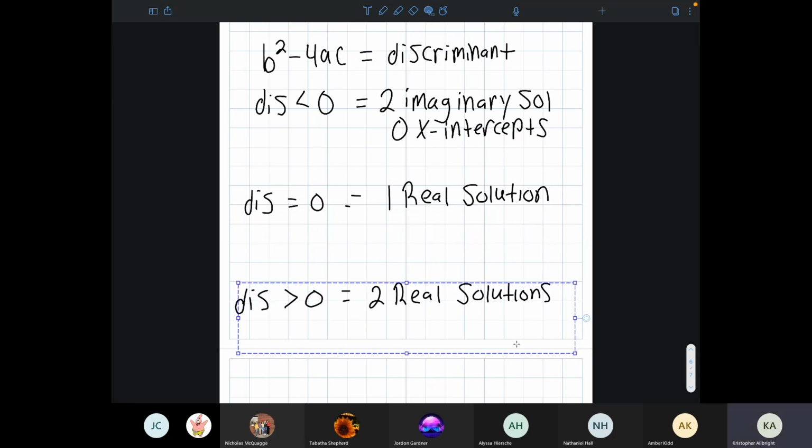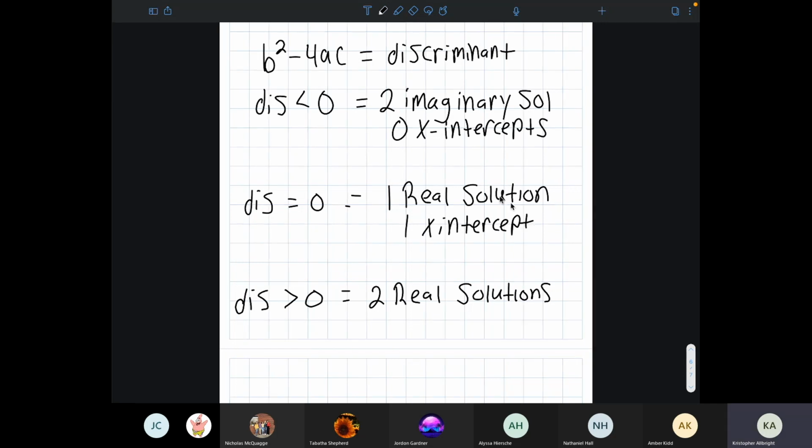If we have one real solution, we know that there is one x-intercept. And for two real solutions, there are 2 x-intercepts.